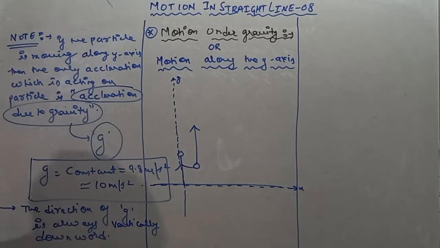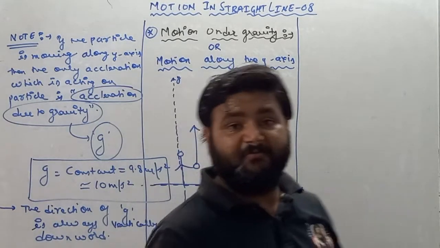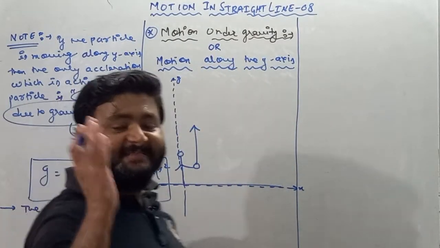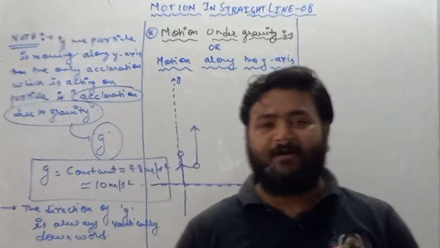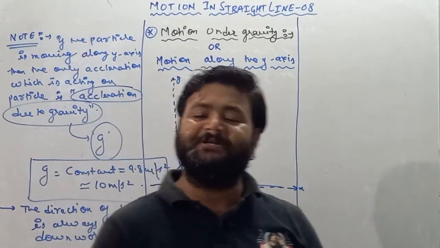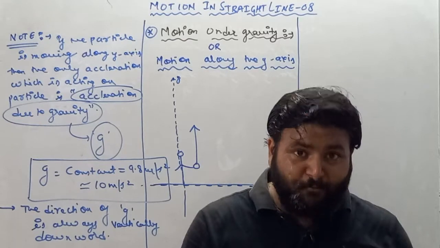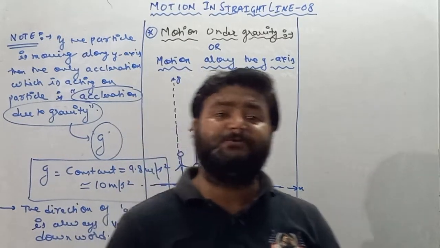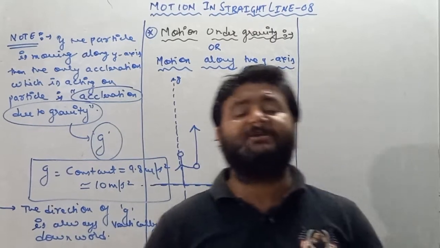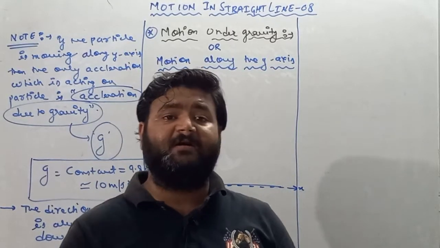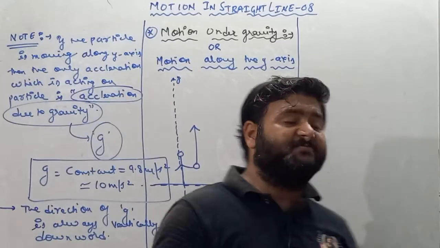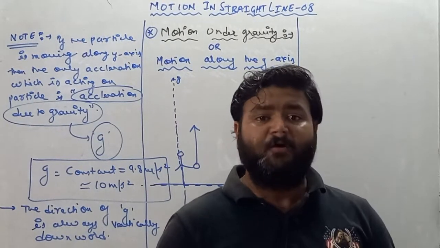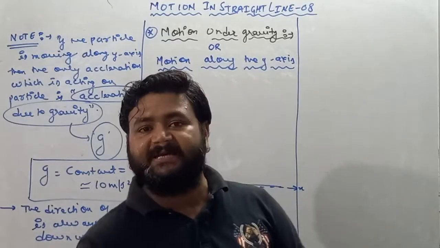That's why, my dear student, motion along the y-axis is also called motion under gravity, because the only acceleration acting on the particle is acceleration due to gravity. Its direction is always vertically downward, and its value is g, which is 10 meter per second square, or 9.8 meter per second square.